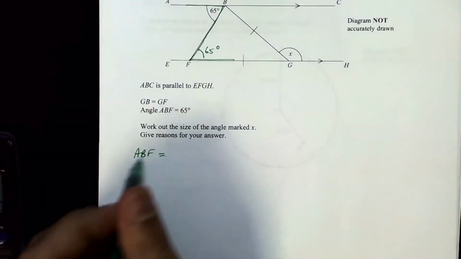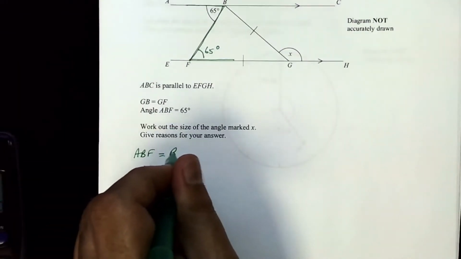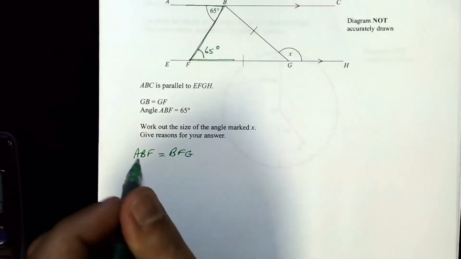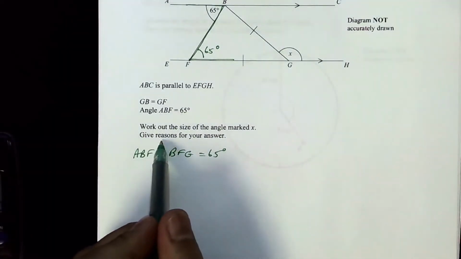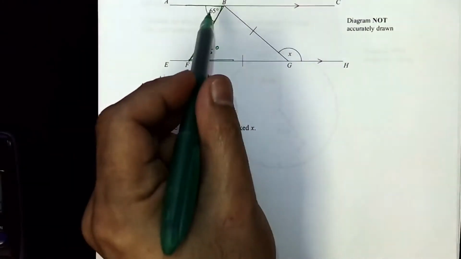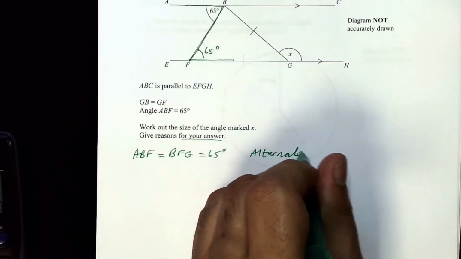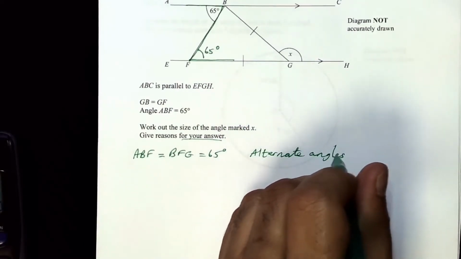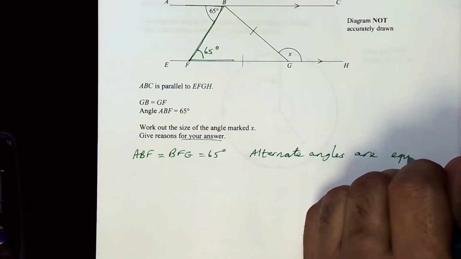So ABF is the same as BFG, which is equal to 65 degrees. In the question it says give reasons for your answer, so for each stage I'm going to give reasons. The reason for this is that alternate angles are equal.